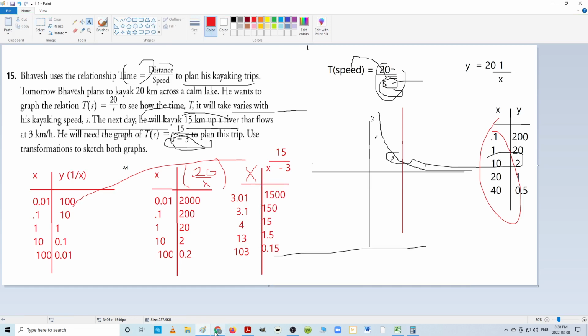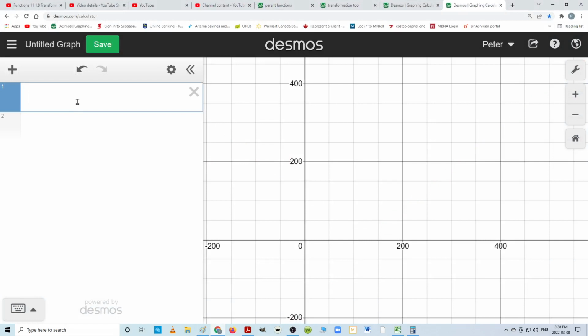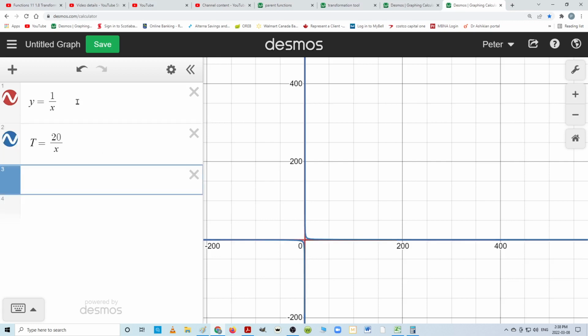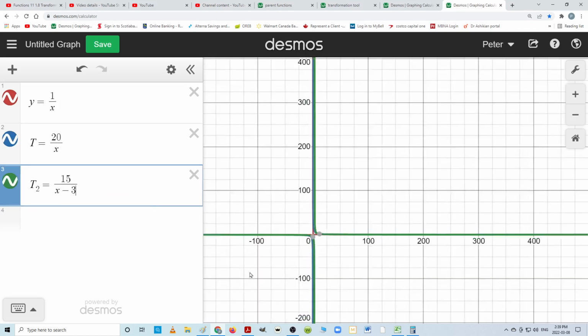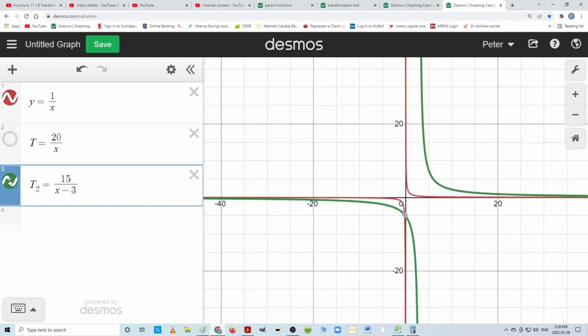Instead of plotting them, I'm going to pull up 3 graphs. Here's the parent graph.